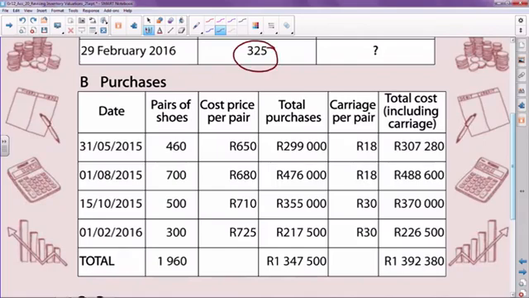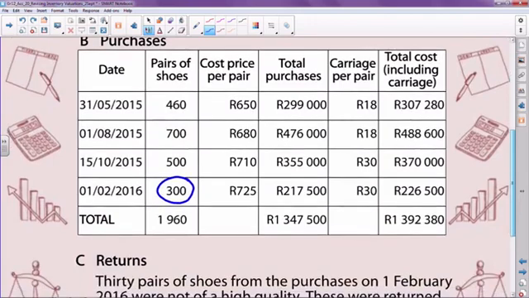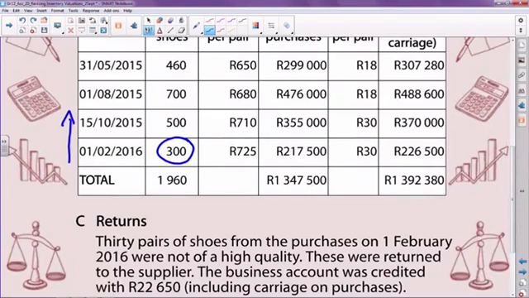Clear? And we know that we're going to start with the 300 items that we have at the end of the year. However, we are starting bottom up. We're starting at the bottom of the table and we're working ourselves up. Okay, now, if you have 300 items, pairs of shoes, you are also told that 30 pairs of shoes from the purchase on the 1st of February, which is definitely this one here, were returned.